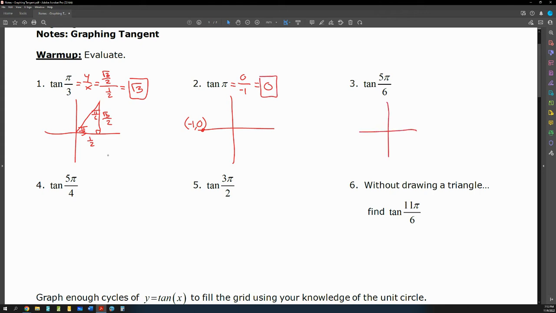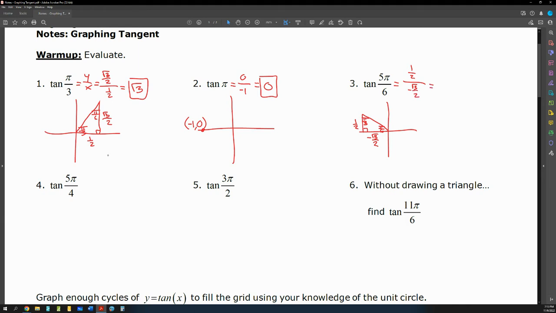5 pi sixths, this is in quadrant 2, so we'll drop our perpendicular to draw our triangle. Our reference angle in radians is pi sixths, so that means that our vertical component is 1/2, and our horizontal component, or x value on the unit circle, is -root 3 over 2. So we have positive 1/2 y over x over -root 3 over 2.